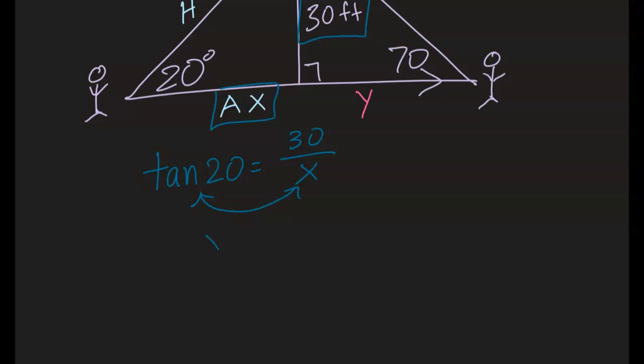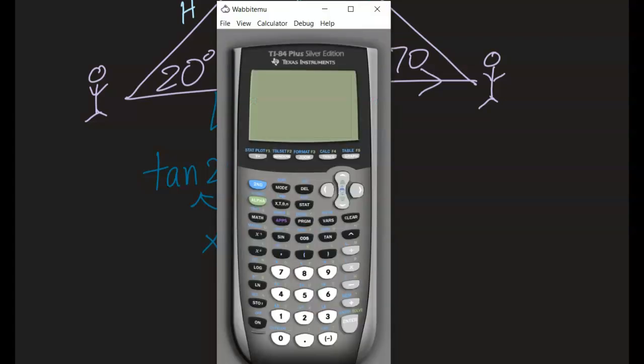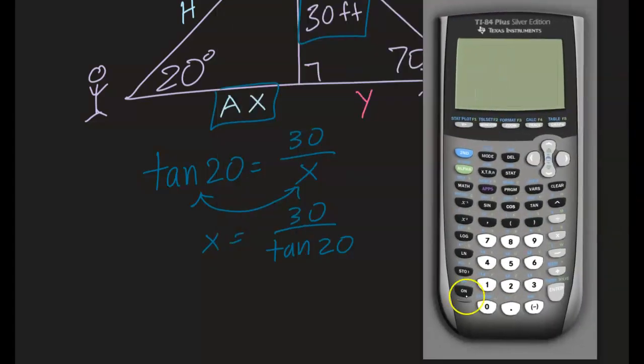But either way, you would end up with 30 over tangent of 20. And so we pull out our calculator, and make sure it's in degree mode, 30 divided by tan of 20. And we get 82.42.